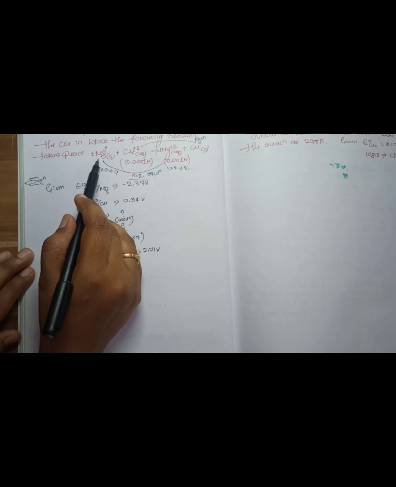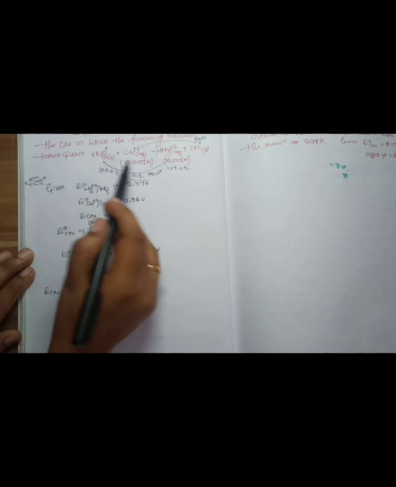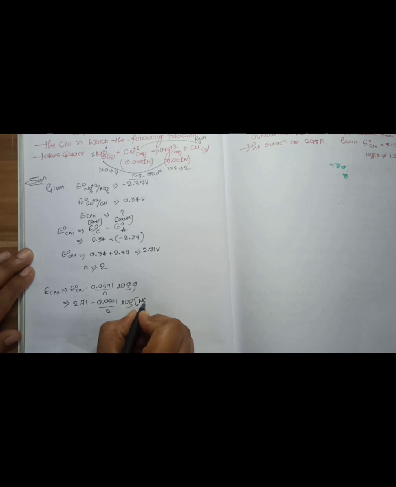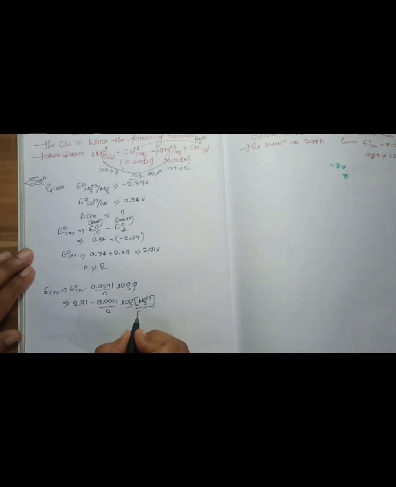Mg is also in solid state and its active mass is 1. So we take the concentration of product by the concentration of reactant. On the product side only Mg plus 2, with stoichiometric coefficient 1, divided by the reactant, the concentration of copper plus 2.